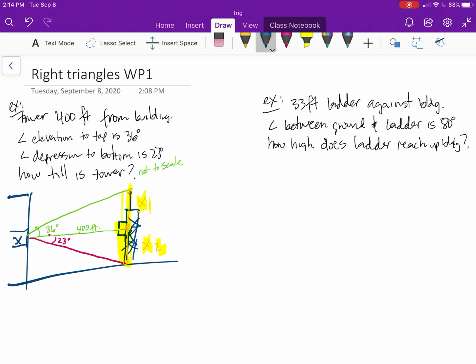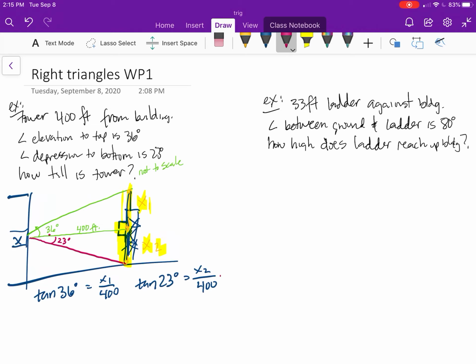All right, let's set up some trigs. So in both of these, we have opposite and adjacent, which again is tangent. Tangent 36 degrees equals opposite x1 over adjacent 400. Tangent 23 degrees equals opposite x2 over adjacent 400.